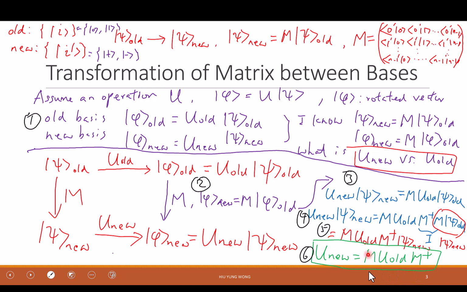No, this is a matrix. It does not obey the commutative rule, right? So it has to be M here. Now, the way I memorize this is this. If you transform a vector from an old basis to a new basis, you multiply by M, right? How about for a matrix? You just put the M in front and then M dagger after it.